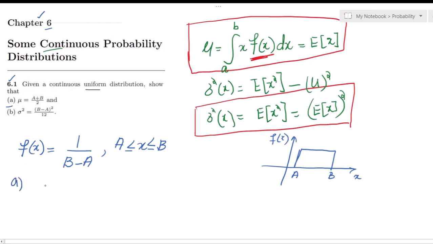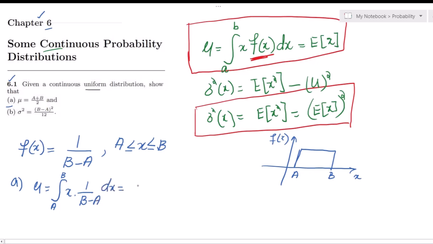Now let me solve part A of my question, and this is mu. Using the limits mentioned here, from a to b of x, and the value of f of x is 1 over b minus a dx.